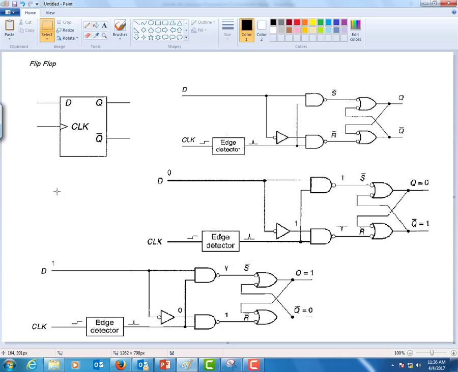When you're going to look at a truth table, they're going to show things like this. If this is your D input, whatever it may be, and they're going to show your clock.